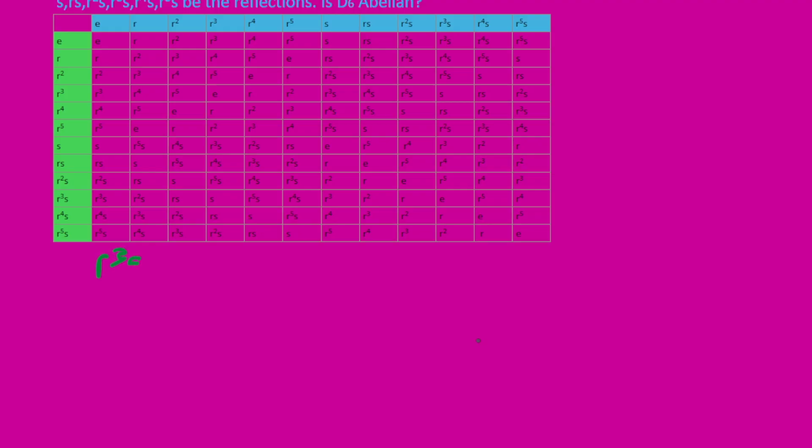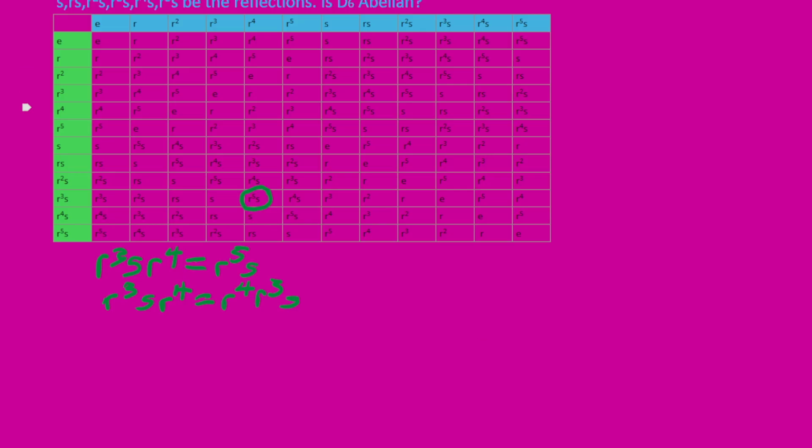We have R cubed S composed with R4 equals R5S, and I'm going to circle that right here. But does R cubed S R4 equal R4 R cubed S?